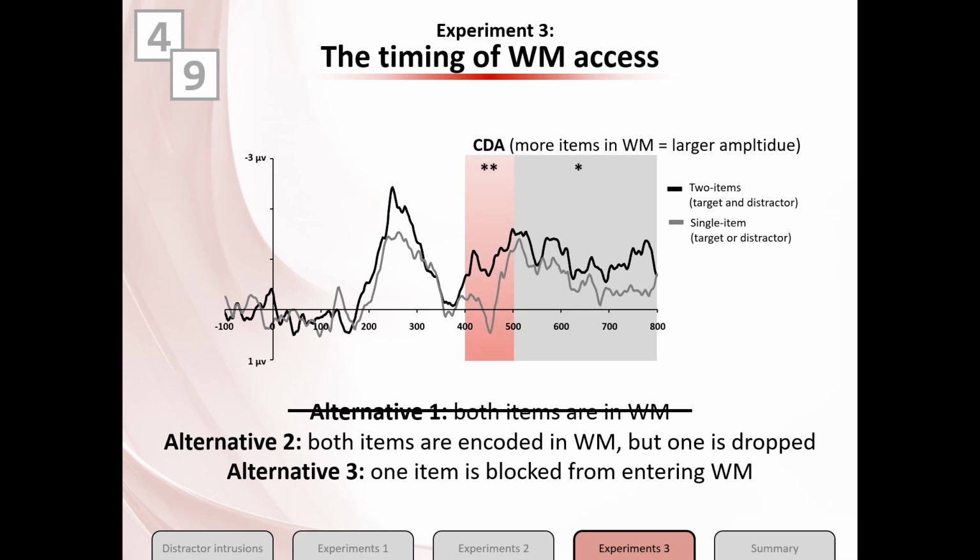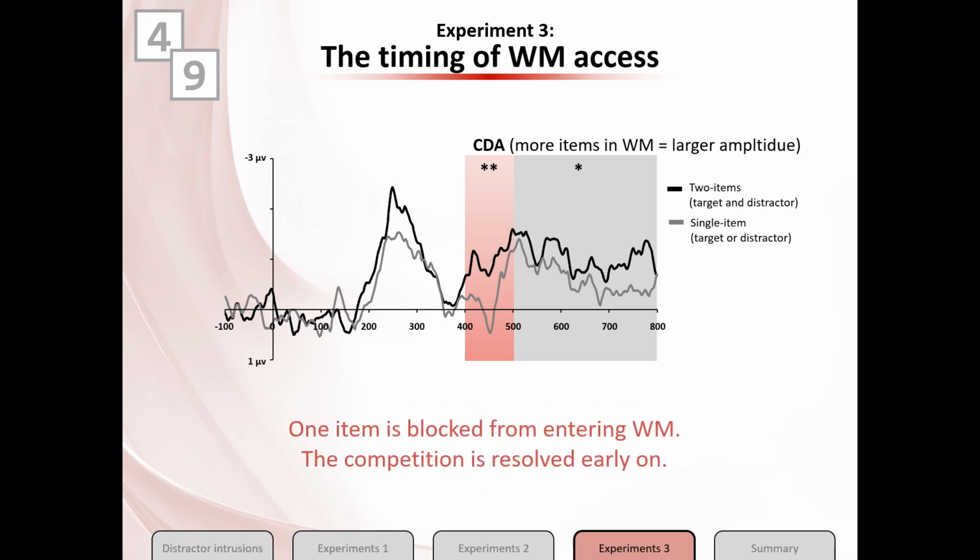Second, if we look at the earliest time window between 400 and 500 milliseconds, we can already see a difference in the CDA amplitude. So this suggests against the idea that both items were initially encoded, leaving us with option number 3. Meaning that on some trials the item was blocked from entering working memory, and that this competition was resolved early on.